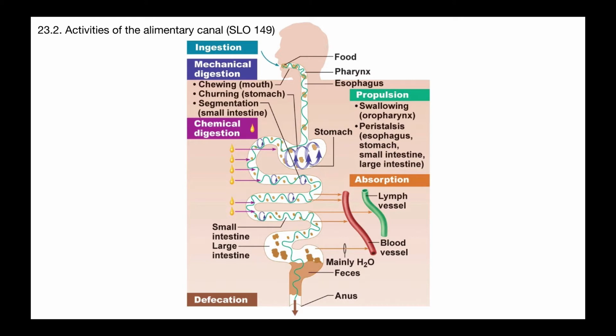People who study this kind of thing for a living have very particular terms, but I want you all to adopt mechanical digestion as a process which mainly happens in the mouth, but continues when it gets down into the stomach as well.